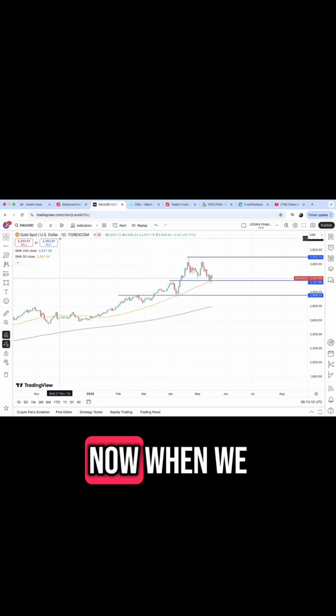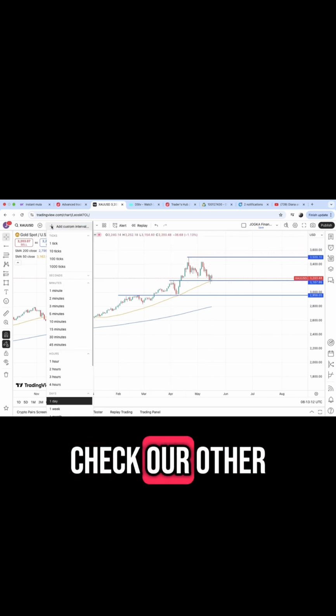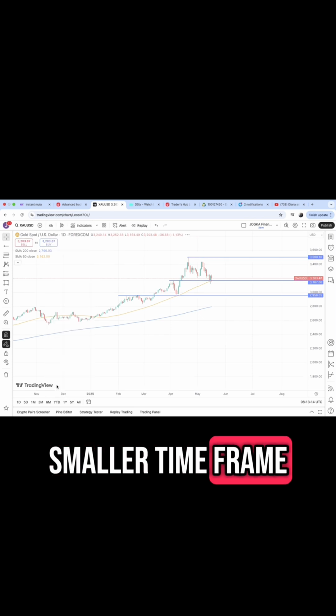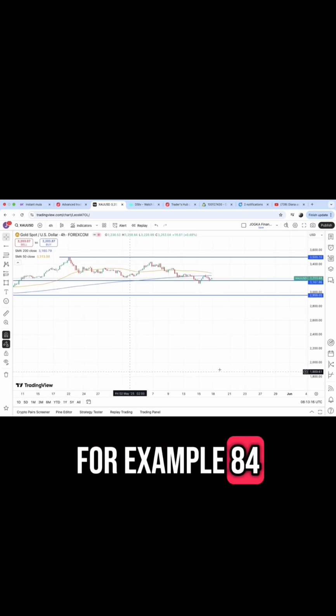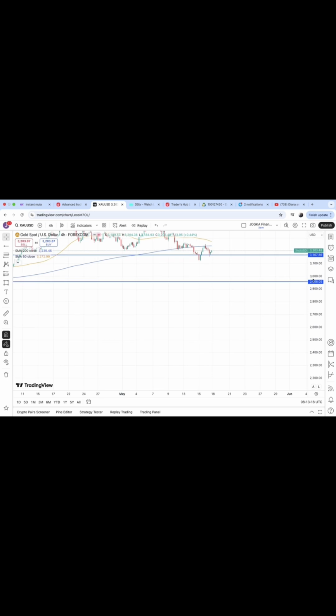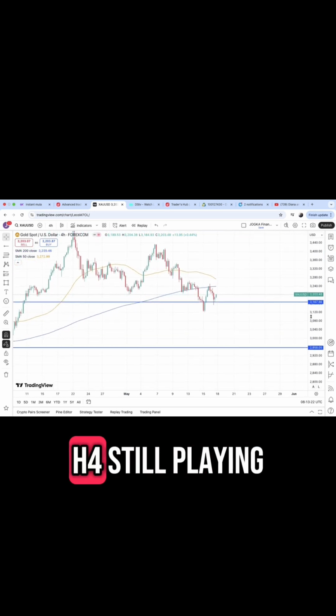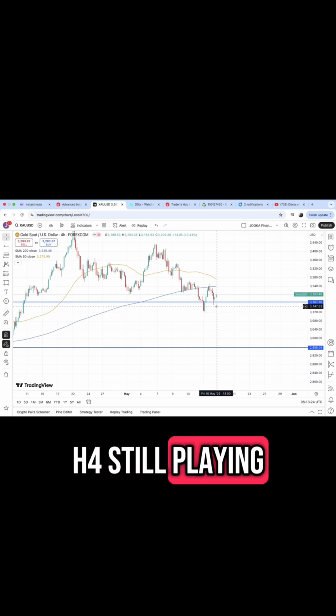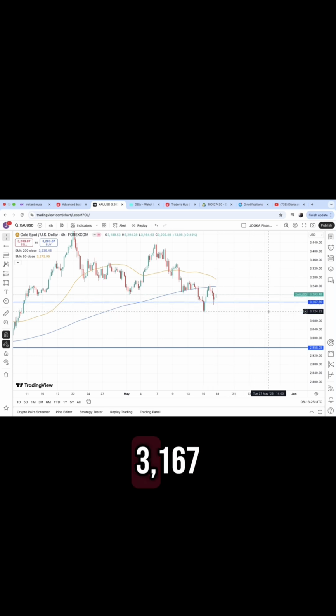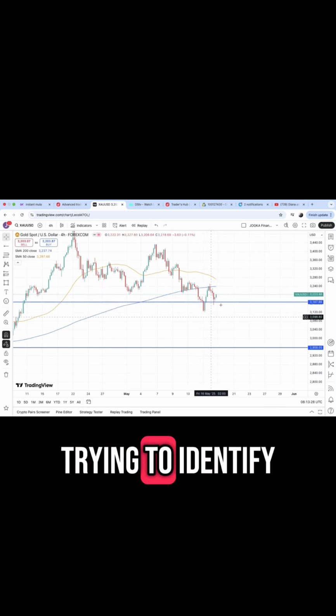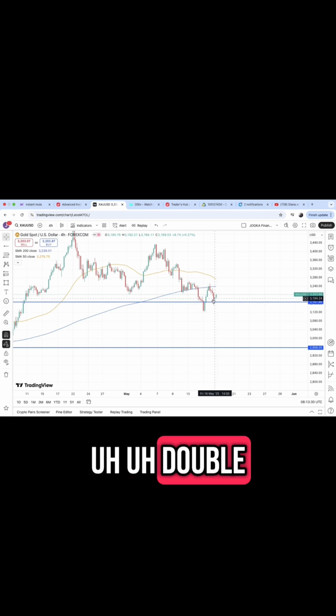Now when we check our other smaller time frame, for example H4, from daily, we are looking at H4 still playing above, closing above 3,167, and we are trying to identify double bottoms.